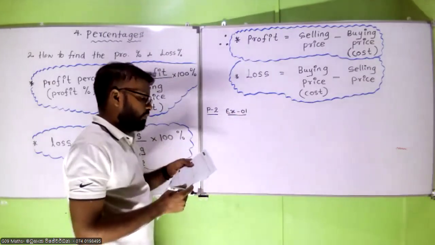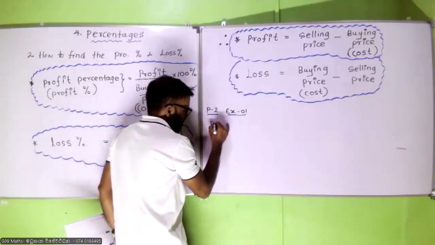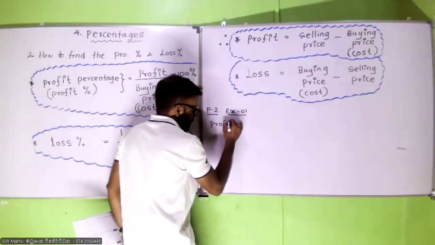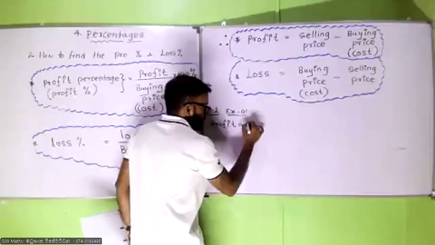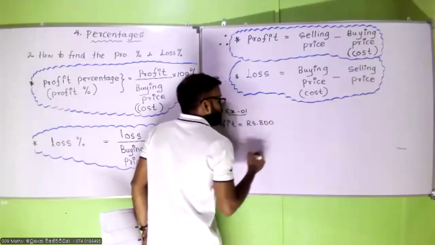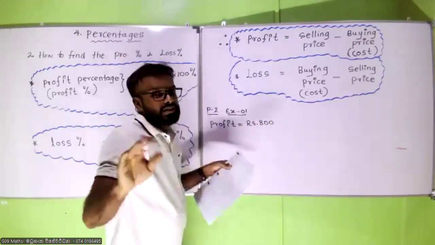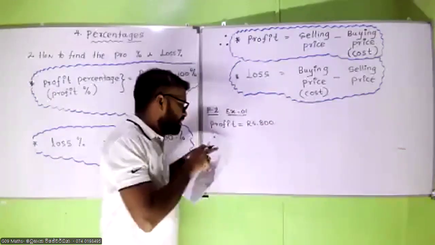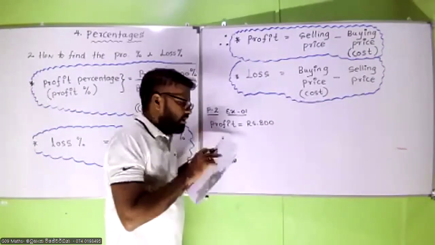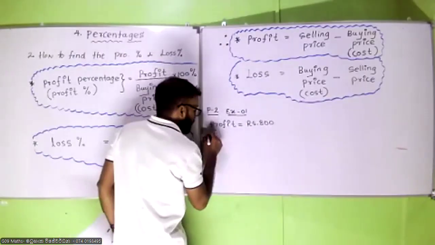A vendor earns a profit of 800 rupees by selling a cupboard to a customer. We do not know that, we don't want that. Then the buying price of the cupboard. They are giving us the buying price.